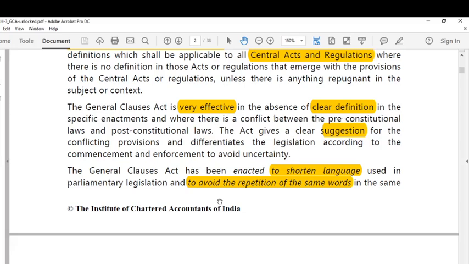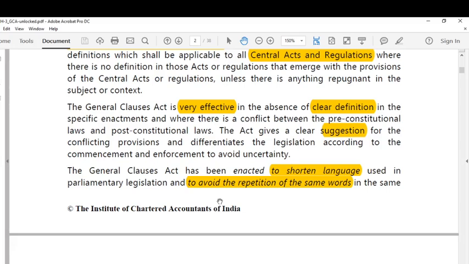Because whenever a person is studying any enactment, first of all, he should study the General Clauses Act and make himself or herself familiar with the definitions given there. And thereafter, he should go to study the enactment made by the parliament, so that his knowledge of that particular enactment is considered to be complete and comprehensive.